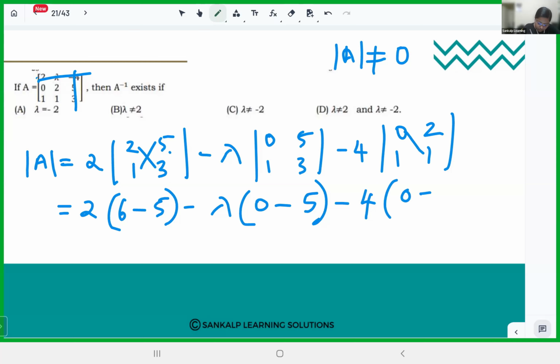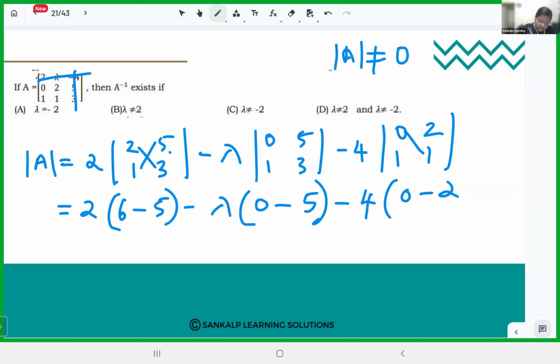So that is equal to 2 into 6 minus 5 is 1, minus lambda into minus 5, that is 2 plus 5 lambda. Then minus 4 into minus 2 is plus 8. Right? Which means 5 lambda plus 10. Okay, we have got the value of the determinant, that is 5 lambda plus 10.